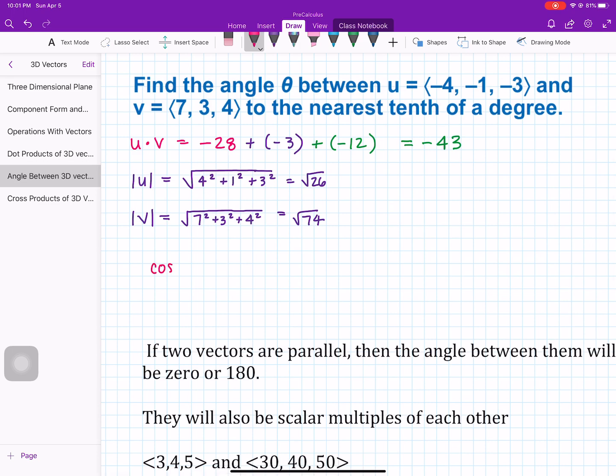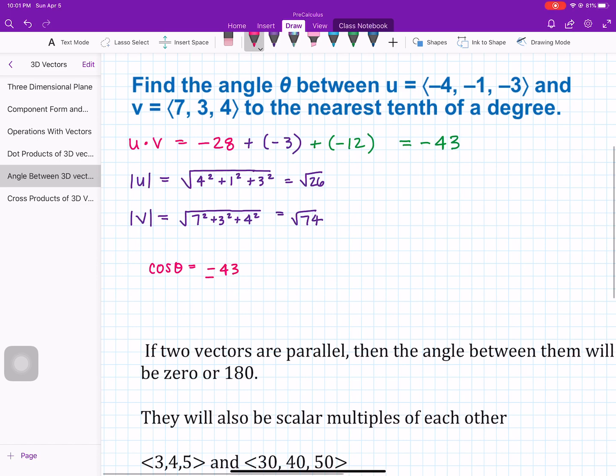So now, once you find all your individual parts, go ahead and plug it into your formula. So you have negative 43 over the square root of 26 times the square root of 74.